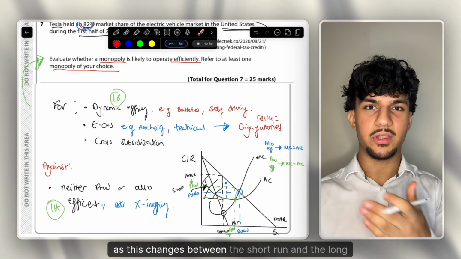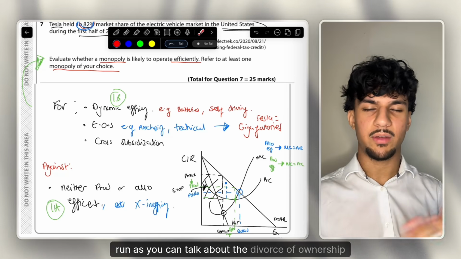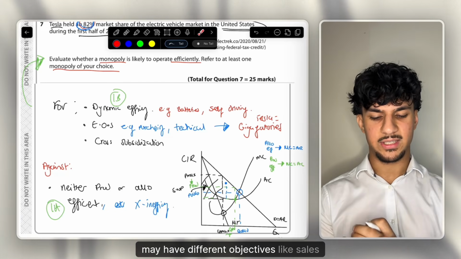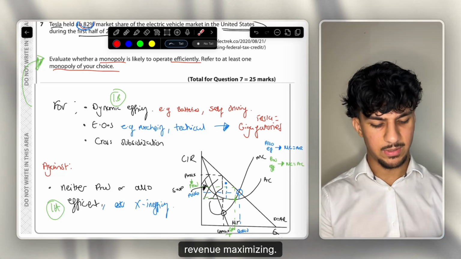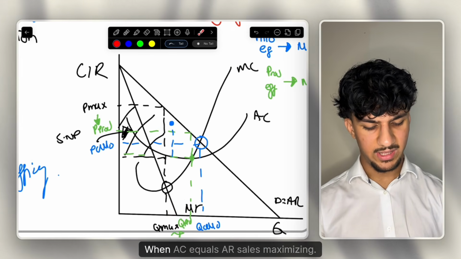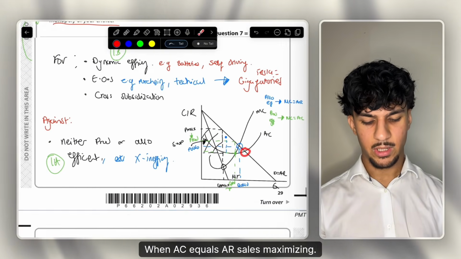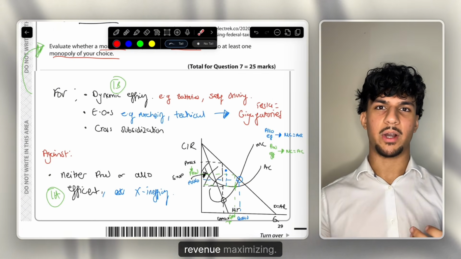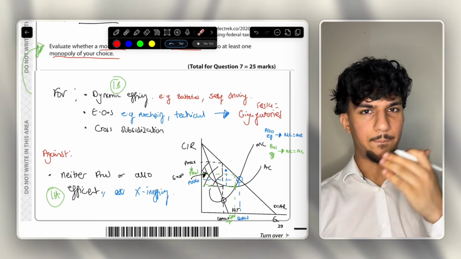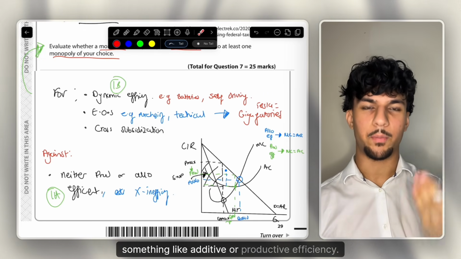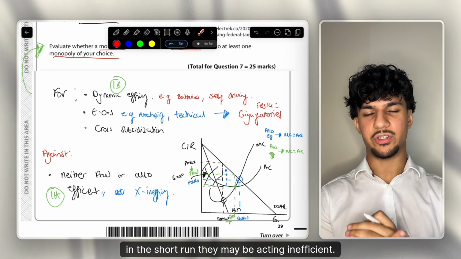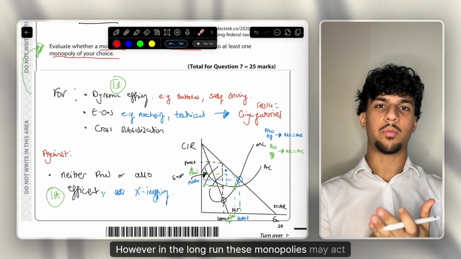As this changes between the short run and the long run, as you can talk about the divorce of ownership and control, you can just talk about how in the short run firms may have different objectives like sales maximizing, revenue maximizing, and of course you can show that on the diagram where MR equals 0, revenue maximizing, when AC equals AR, sales maximizing. But of course, in the short run they may be revenue maximizing. However, in the long run they may then pursue something like allocative or productive efficiency, thus meaning, yes, in the short run, they may be acting inefficient. However, in the long run, these monopolies may act efficient.